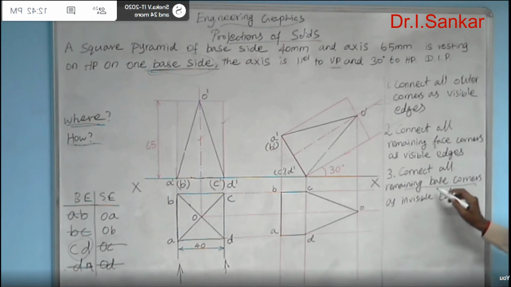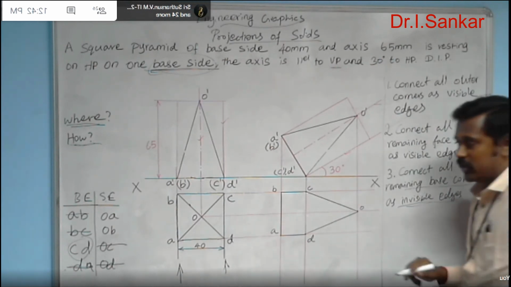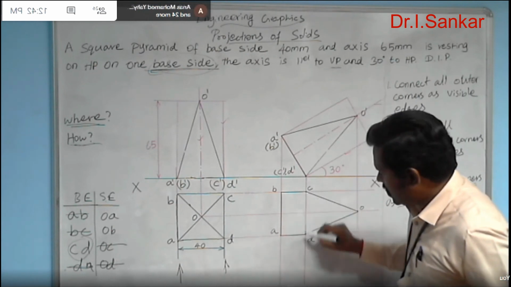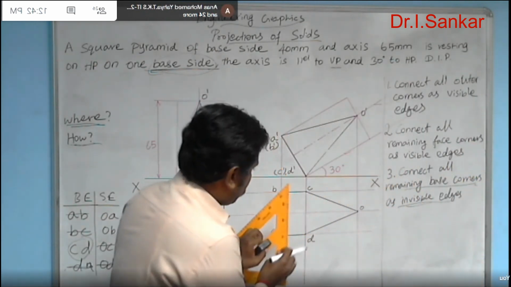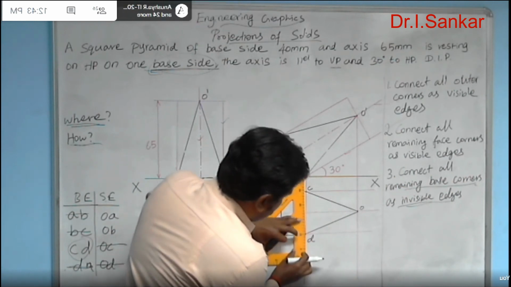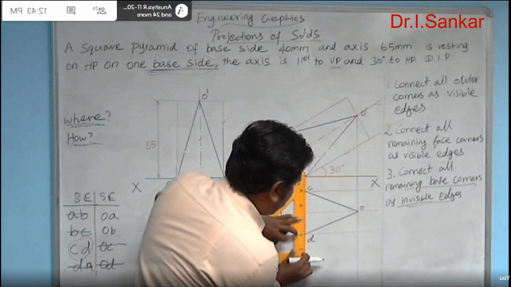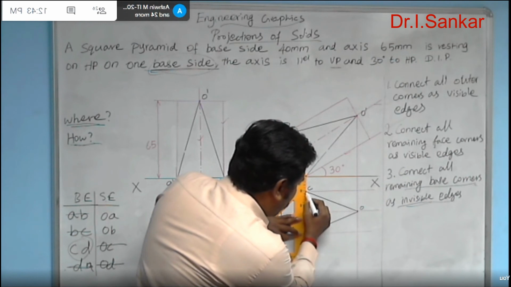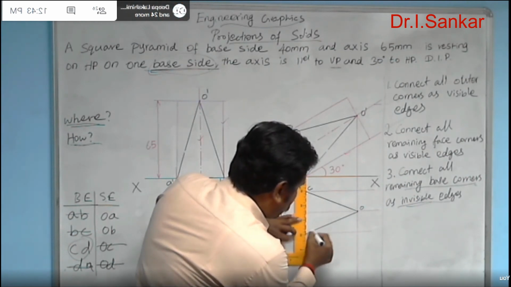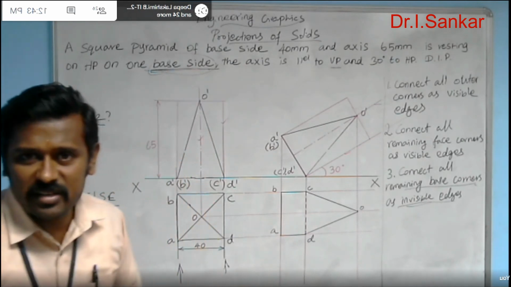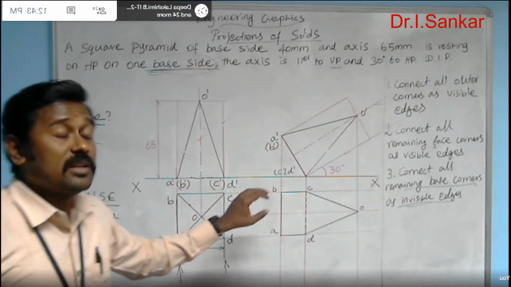What we needed to do? Connect it as an invisible edge. You needed to connect the CD as an invisible edge, so I am going to connect the CD as an invisible edge by using the dashed line format. Logically you can prove it.